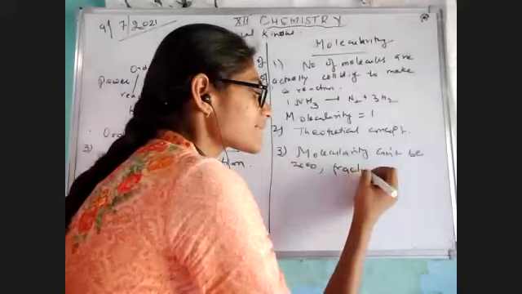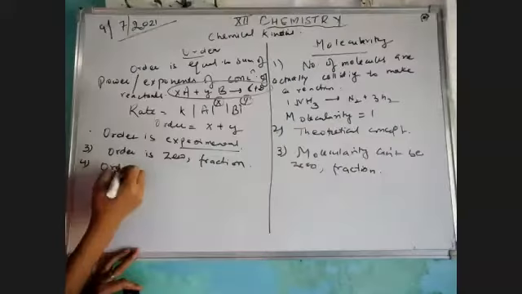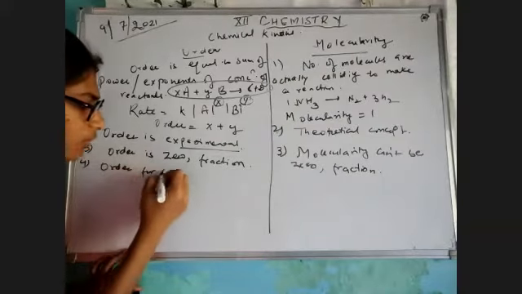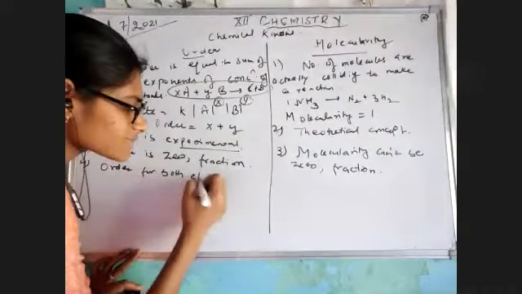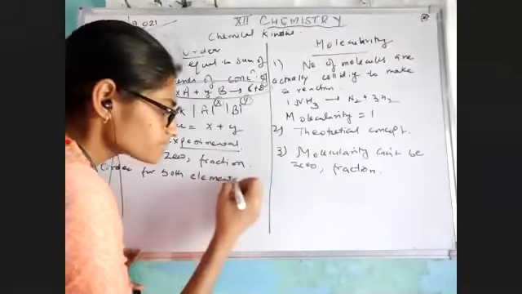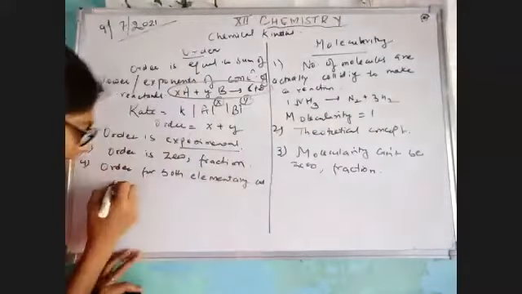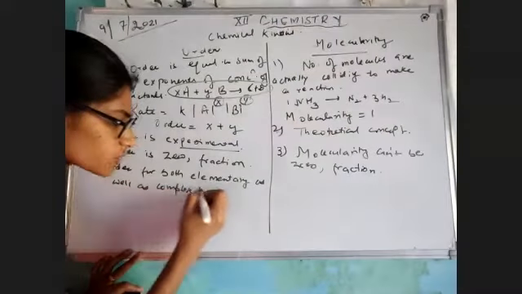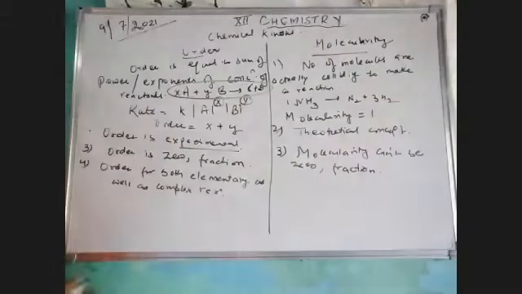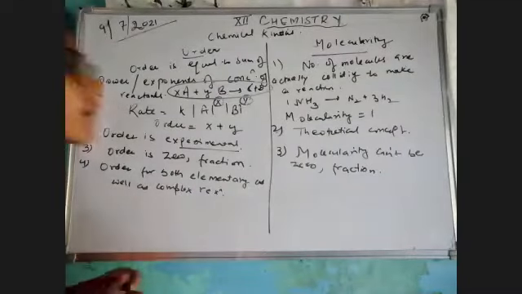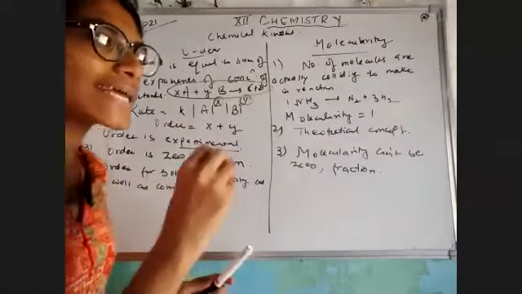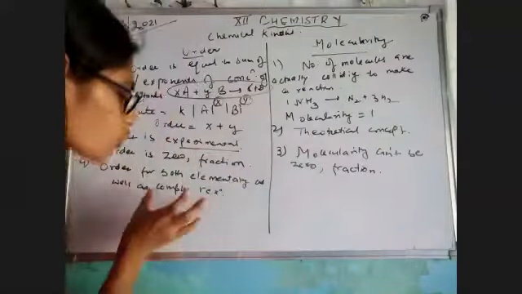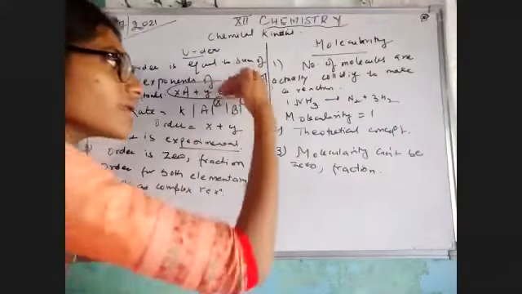Lastly, order we can determine for both elementary as well as complex reactions. In the last class, I told you, children, that we have two types of reactions, elementary and complex. Elementary reactions take place in a single step, whereas complex reactions take place in a number of steps.